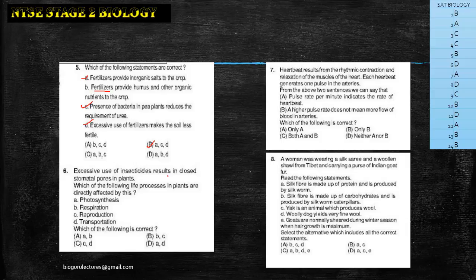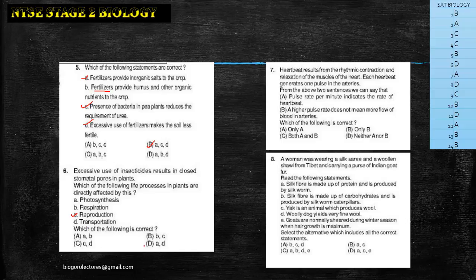Excessive use of insecticides results in closed stomatal pores in plants. This is going to affect which process? It is possible to have three options A, B, and D as well, but the options more close here are A and D, right?